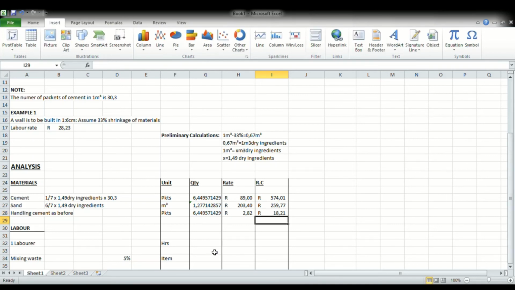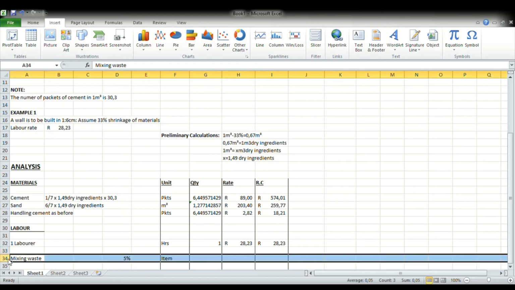And then moving on to our laborer, we said that it is 28.23. One laborer, 28 rands 23 cents. Then we multiply that by that, which gives us that much.